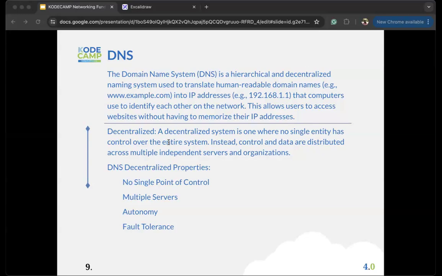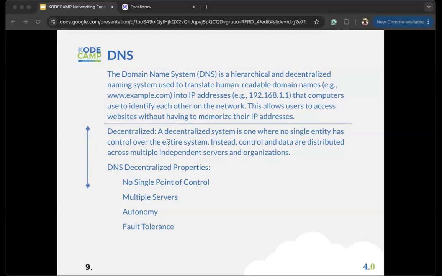There's no single control of the entire system by a single entity. So that single point of control doesn't exist. DNS as a system is managed by multiple entities, right? Various organizations, various companies have the rights to manage and create domain names and store domain names for access over the internet.